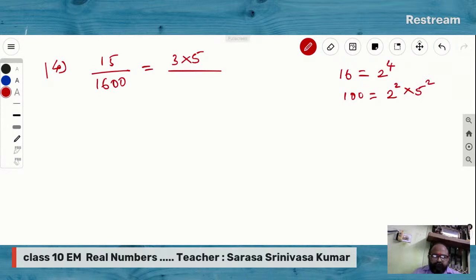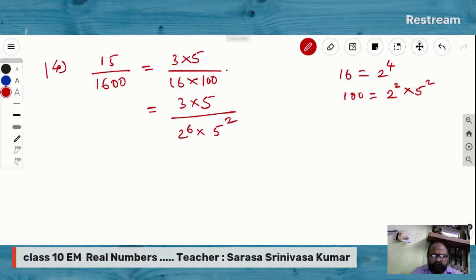So this is 16 multiplied by 100. We can write 3 multiplied by 5 by 2 power 6 multiplied by 5 square.